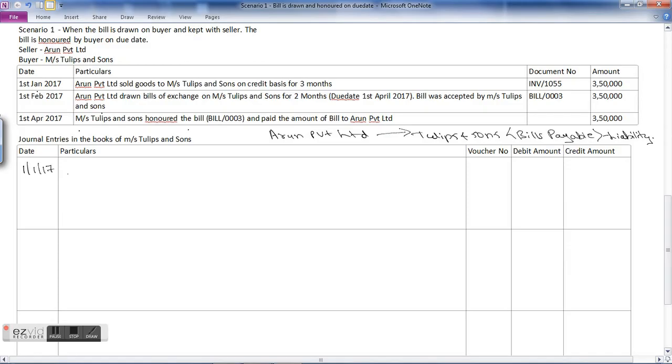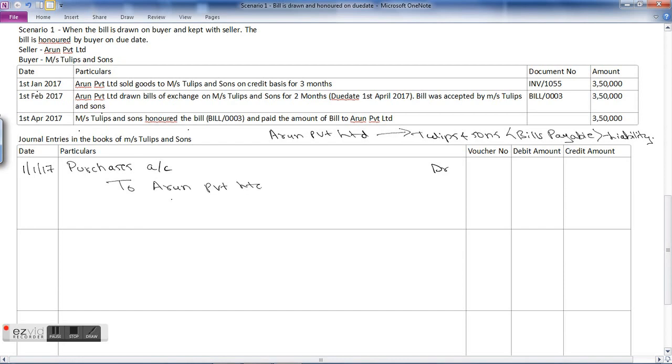1st Jan 2017, Arun Private Limited sold goods to Messrs. Tulips and Sons on credit basis for 3 months. So Messrs. Tulips and Sons has purchased the goods, correct? So the entry will be purchases account debit to Arun Private Limited. That is, Arun Private Limited will be creditor. This is a normal purchase entry.